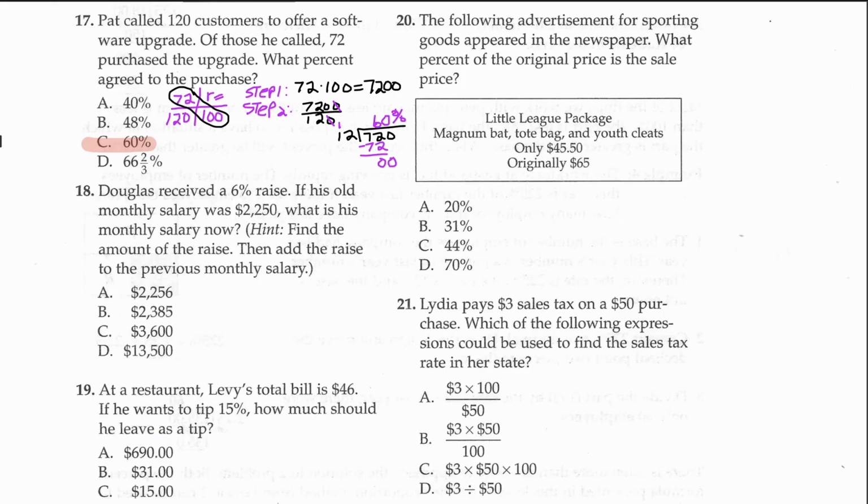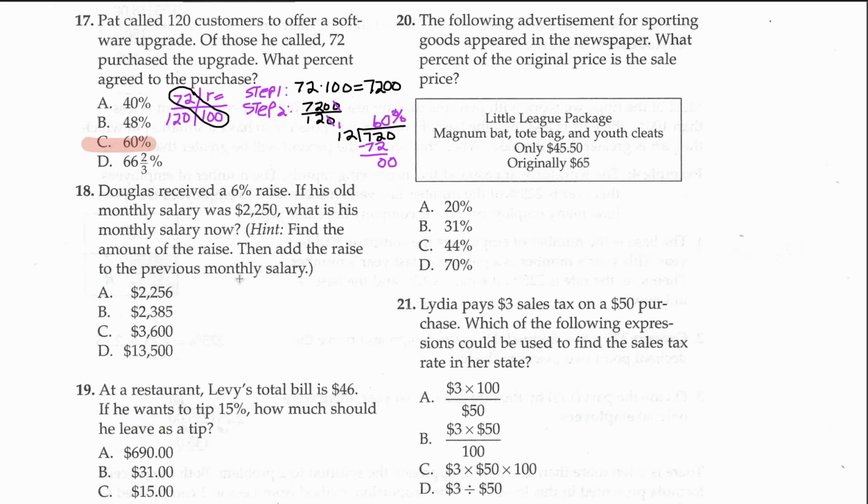Number 18. Douglas received a 6% raise if his old monthly salary was $2,250. What is his monthly salary now? Okay. Hint, find the amount of the raise. Then add the raise to the previous monthly salary.